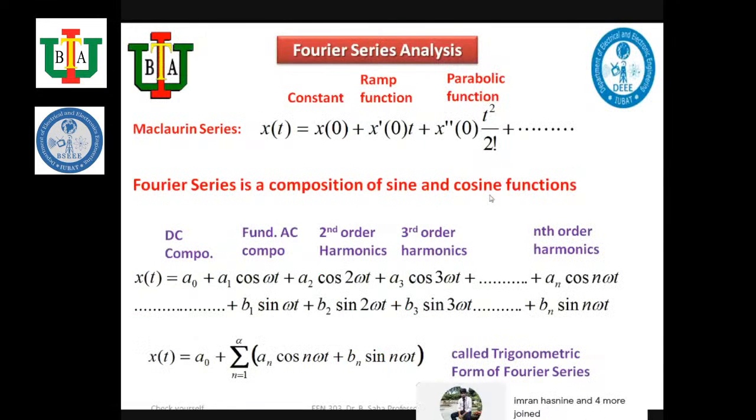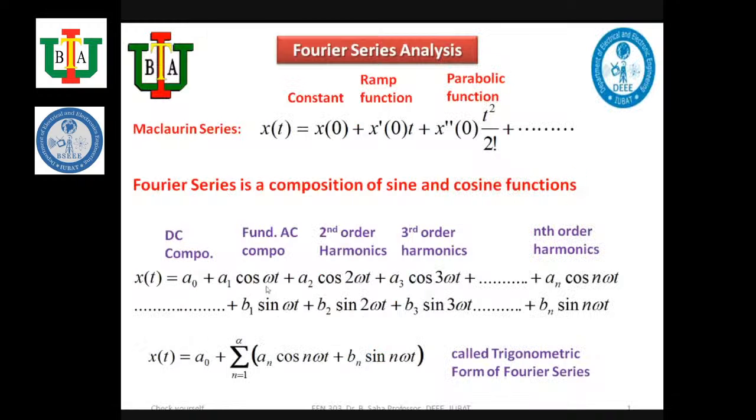From the sine and cosine functions, we can write down the series as x of t equals a0, plus a1 cos omega t, plus a2 cos 2 omega t, plus a3 cos 3 omega t, and so on, up to an cos n omega t.